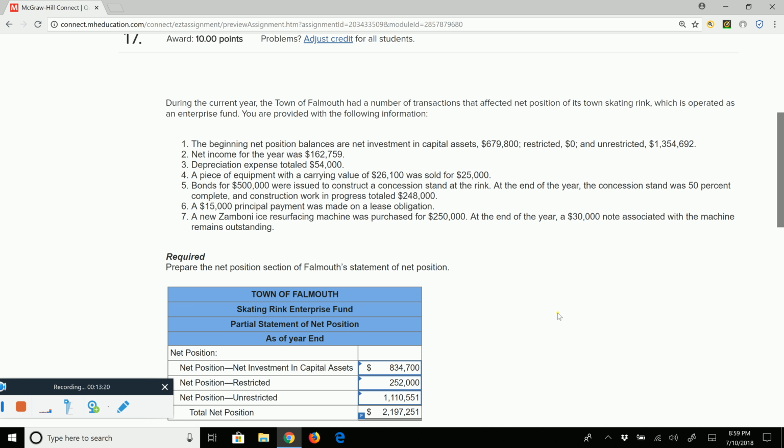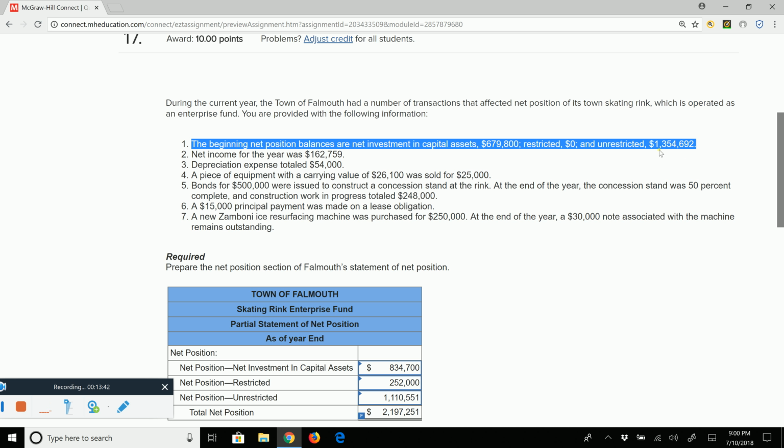And so we have 7 pieces of information here. What we're going to do with these 7 pieces of information is decide what each does to the 3 categories of net position. So number 1 are the beginning numbers. The beginning net position numbers are as follows.